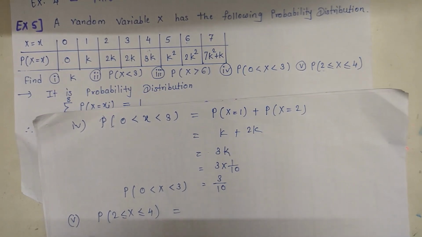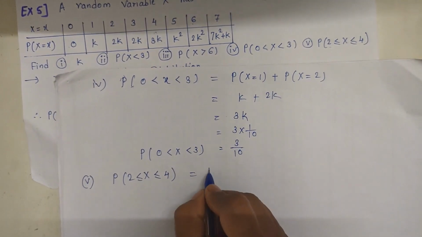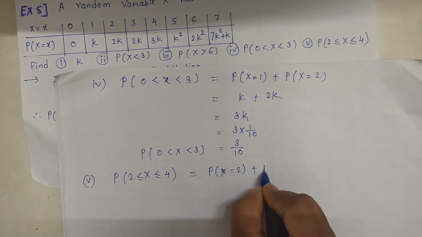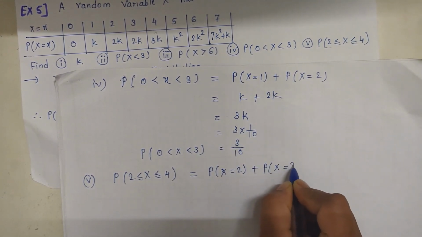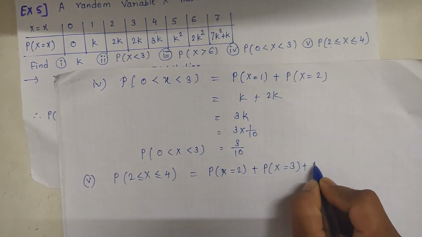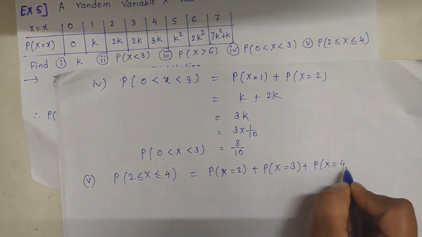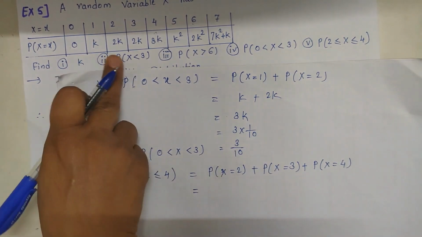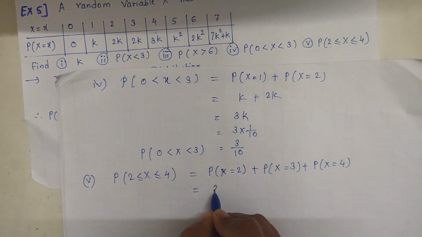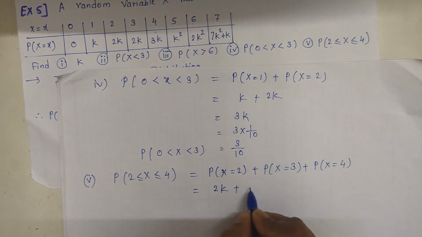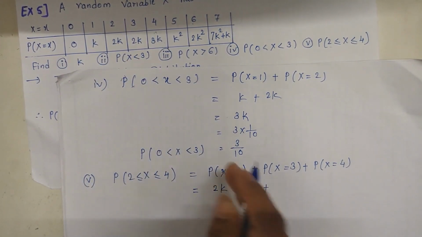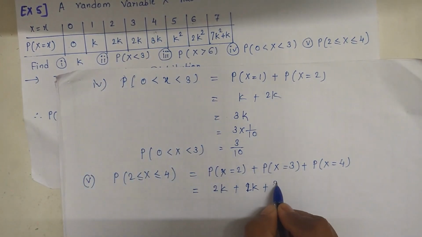Here the possible values of x are probability of x is equal to 2 plus probability of x is equal to 3 plus probability of x is equal to 4. Probability of x is equal to 2, which is given in the distribution, is 2k, plus the next probability 2k, and the next probability for x is equal to 4, 3k.